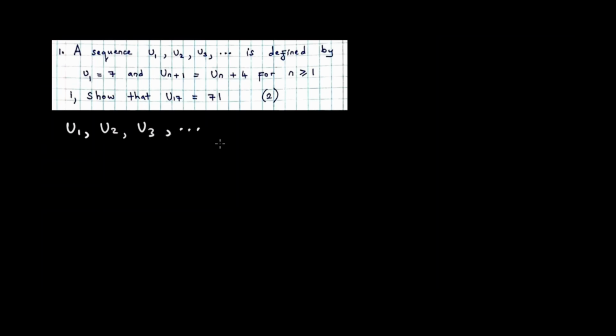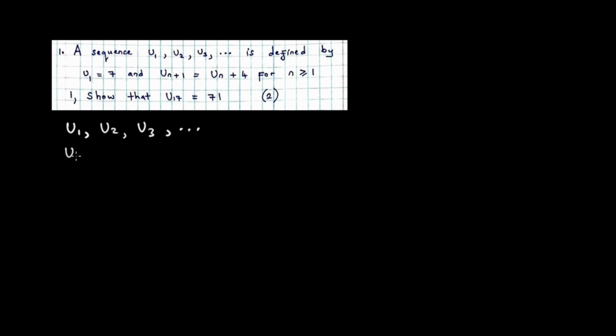So u1 is the first term, u2 is the second term, u3 is the third term. The subscript, 1, 2, 3, tells us the position of a term in the sequence. It tells us which term number it is. After understanding that, we are told that u1 is equal to 7.